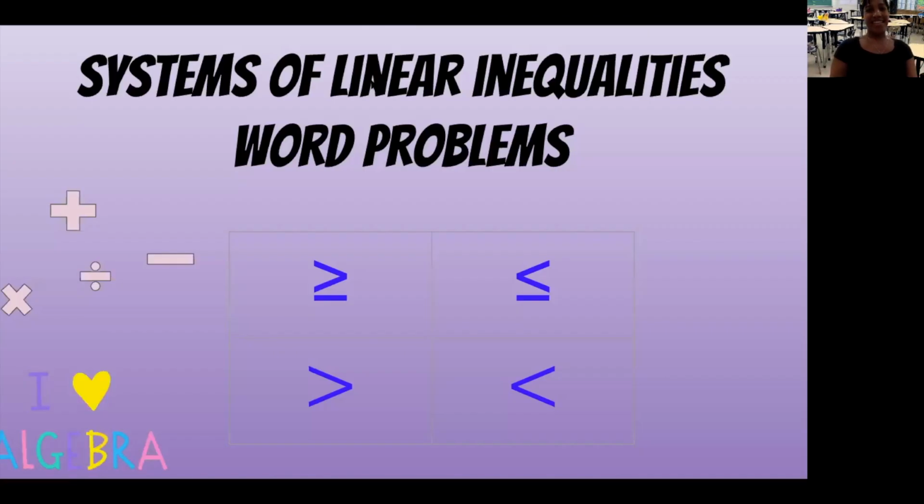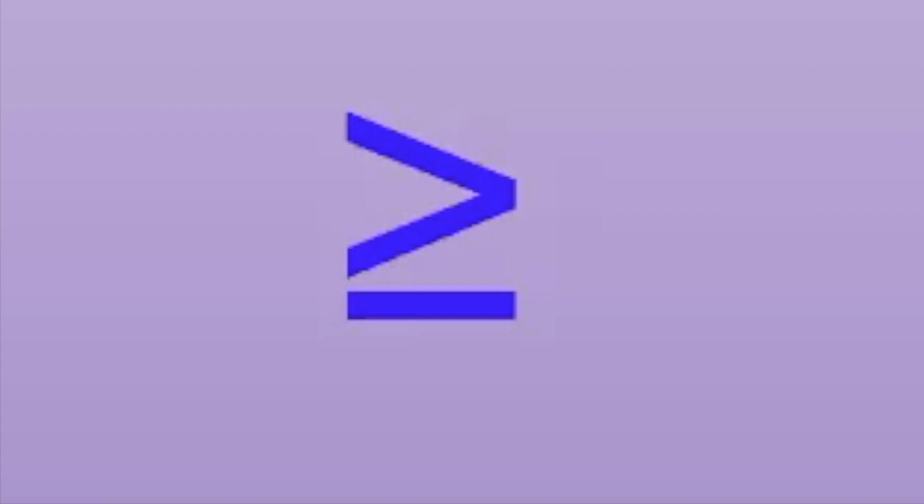All right. Now we are moving on to our second set of questions that come from part 2 of Ms. Fu's mini lesson. So these are systems of linear inequality word problems, similar to systems of equations, but instead of an equal sign, you're going to have greater than, less than, greater than or equal to, or less than or equal to.